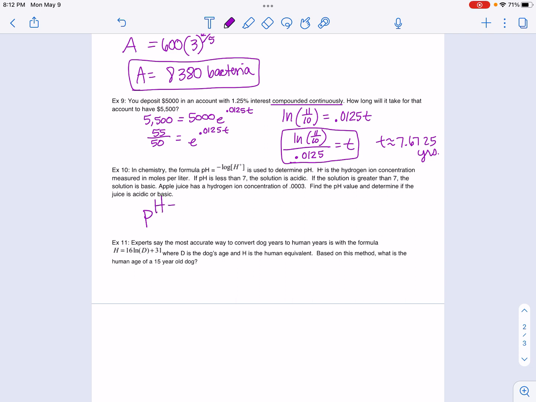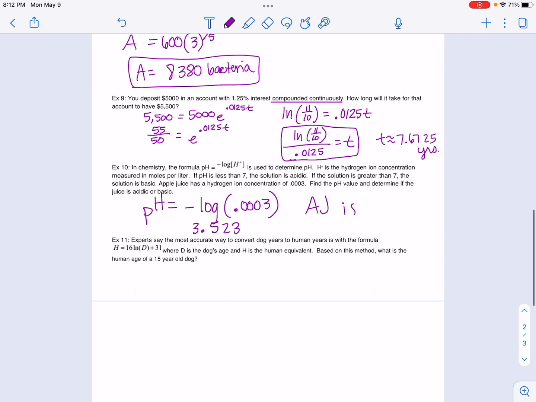The pH level for apple juice is the negative log of 0.0003. If I plug that into the calculator, I get a value of 3.523. So apple juice is acidic because it has a pH level less than 7.